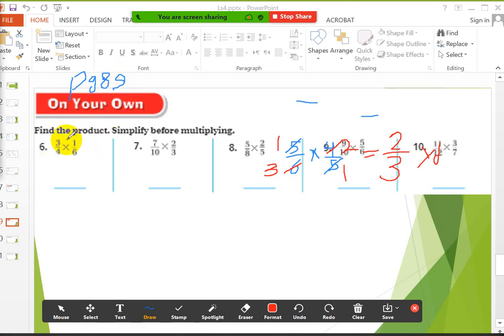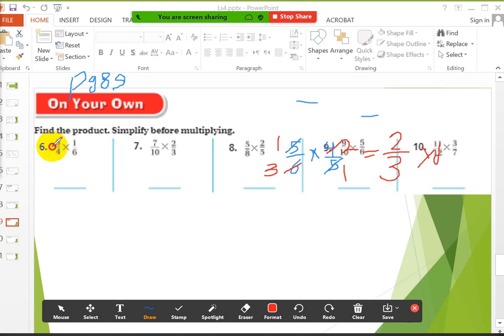So let's take a look at which numbers. Can you tell me? Okay, 1. The greatest common factor for it is 1. Before that, look at 3 and 6. Is there any greatest common factor between those numbers? Yes. What is the greatest common factor between them? 2.